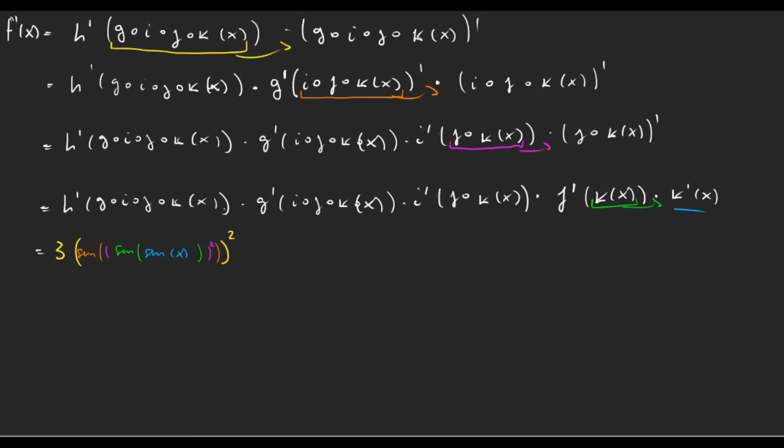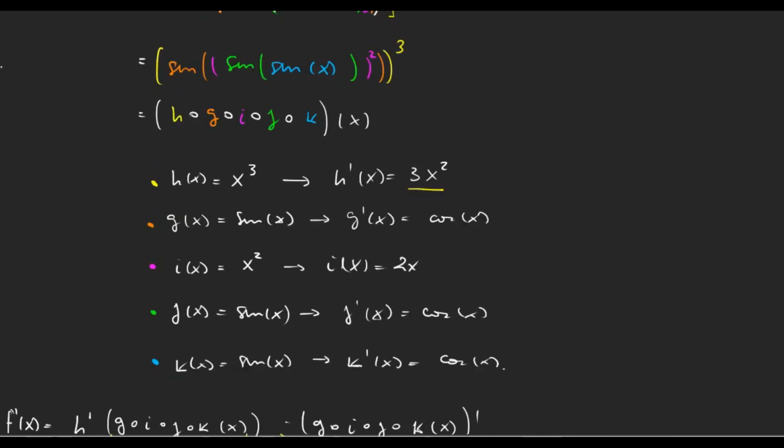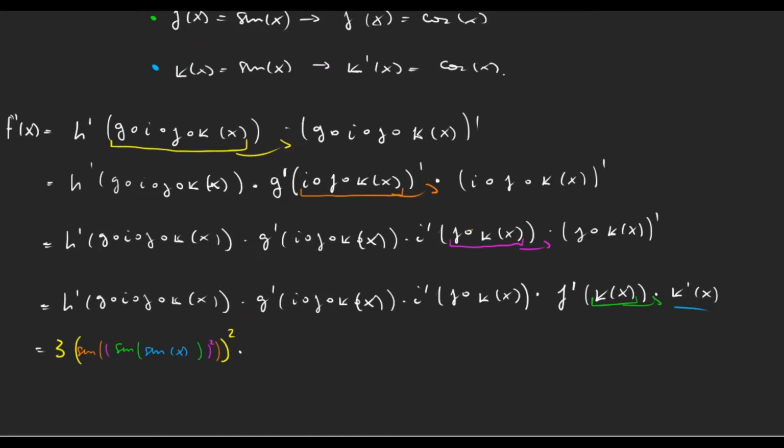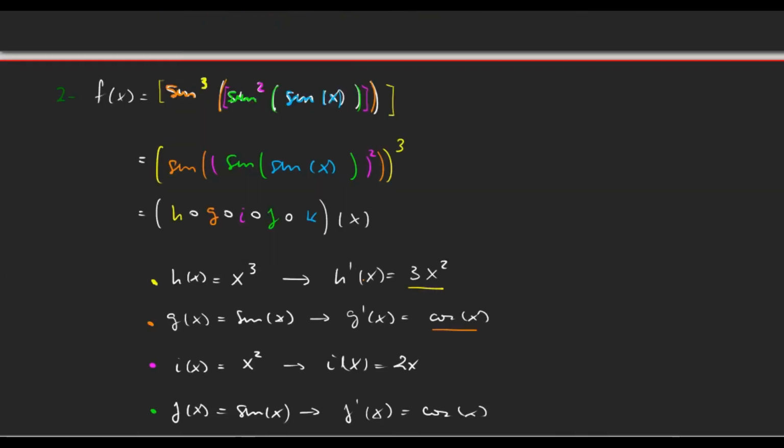And this is this first term. Now we multiply this by g prime. G prime is the cosine of x. So we're going to have the cosine of, and instead of x, we're going to have all these things here, and that is exactly what's inside our function here.